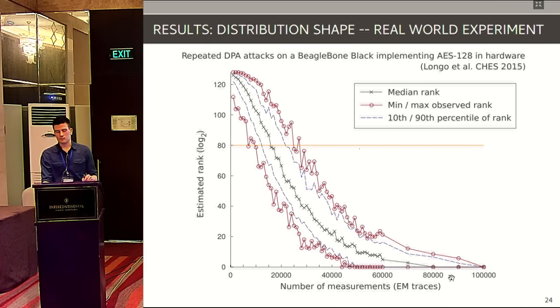Now, if you take rank into account, and let's assume that we want 80 bits of security, which is this horizontal line here, the adversary actually starts beating that, starts winning, on average here, and I wish I'd drawn lines now, but that's about 20,000 traces. And actually, 10% of the time, it wins somewhere between 10,000 and 15,000 traces. So those are quite big gaps in the number of measurements at which you might define success.